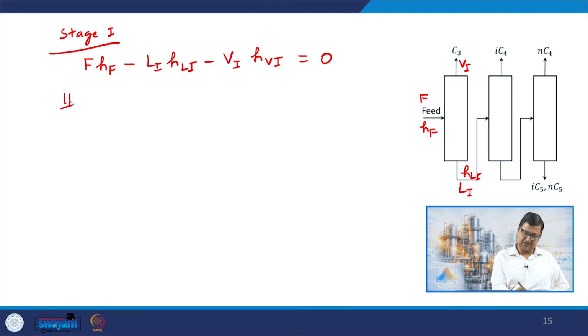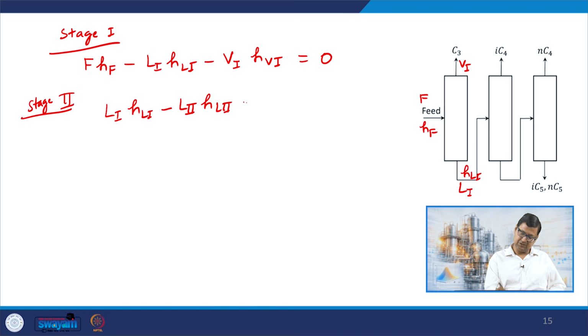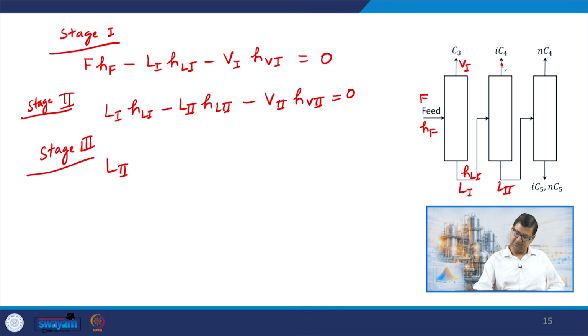Then similarly for stage 2, we can write L1 HL1 minus L2 HL2 minus V2 HV2 is equal to 0. And then for stage 3, I can write, so L2 comes here, this is my V2, this is my L3, this is my V3.